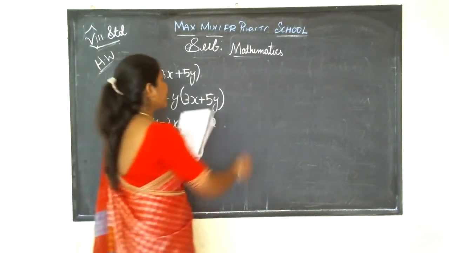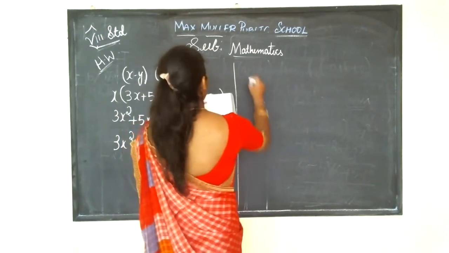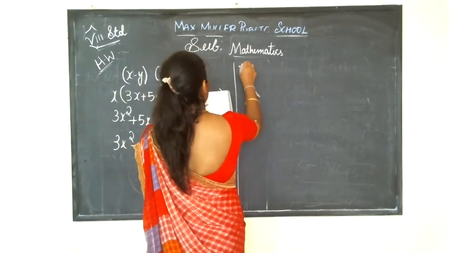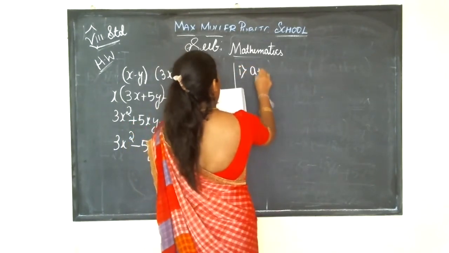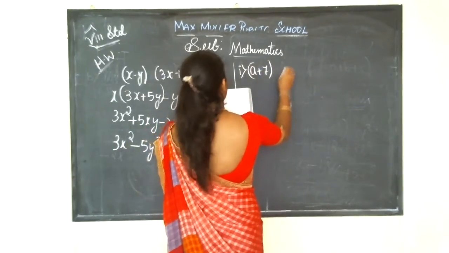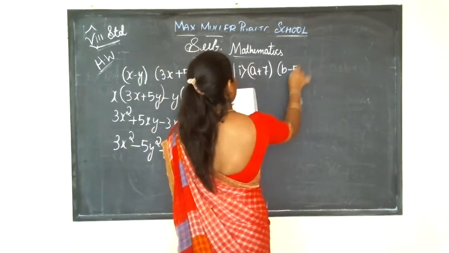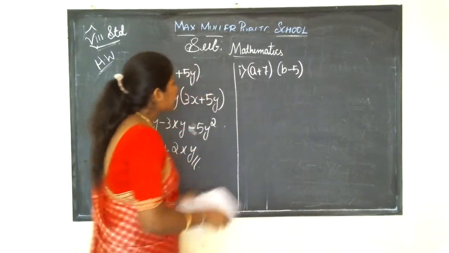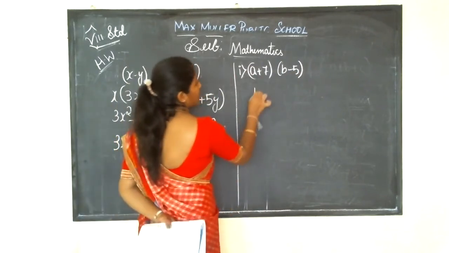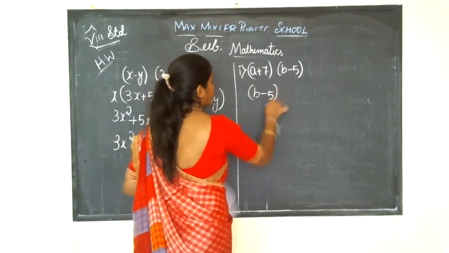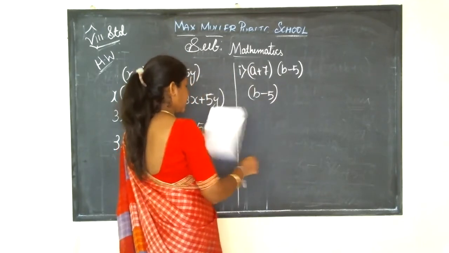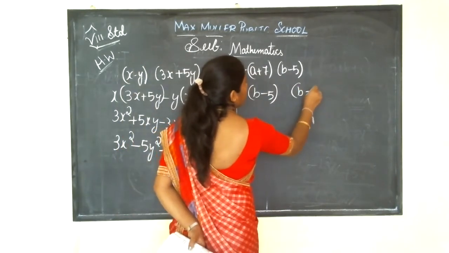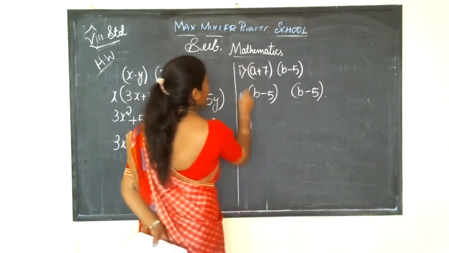Next, multiply a plus 7, b minus 5. Same thing you have to do here. B minus 5 and b minus 5 if you do here.